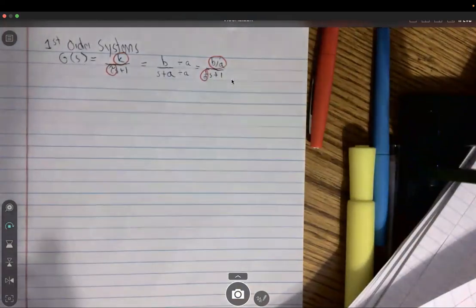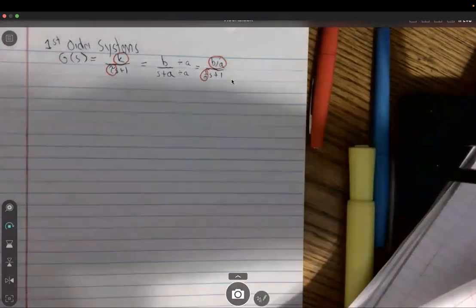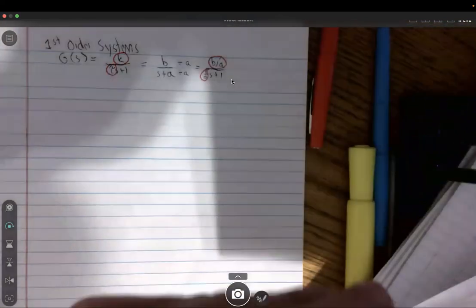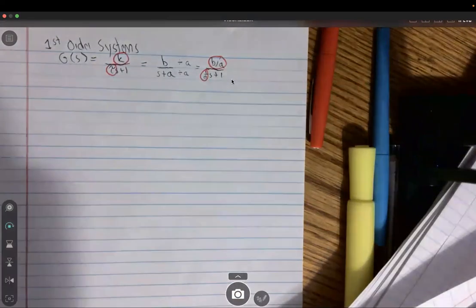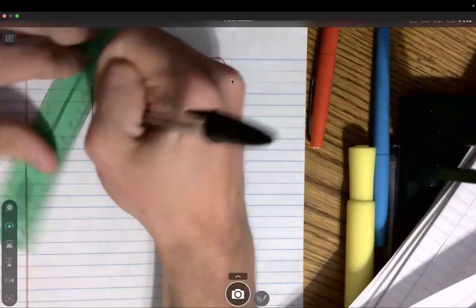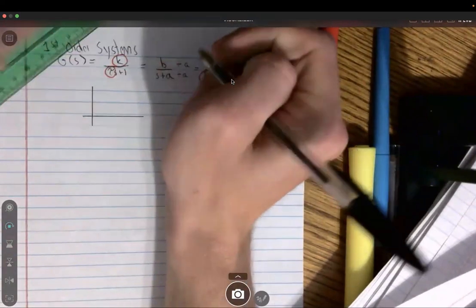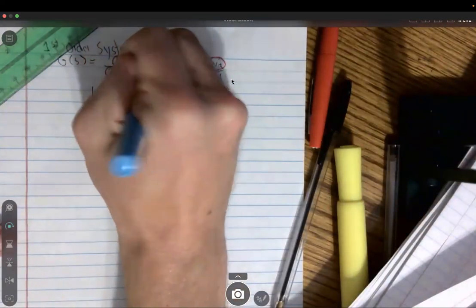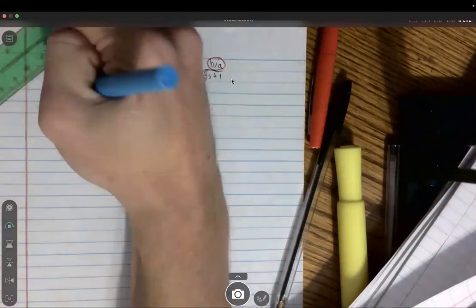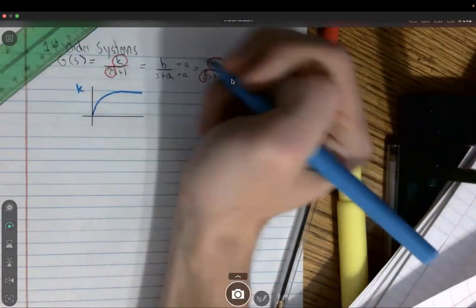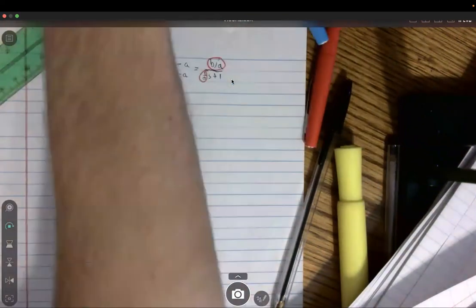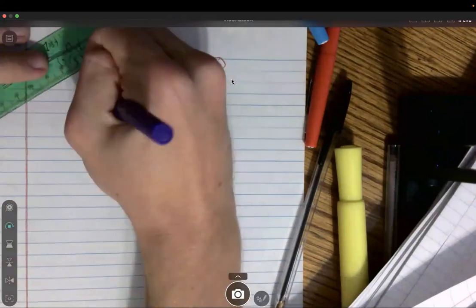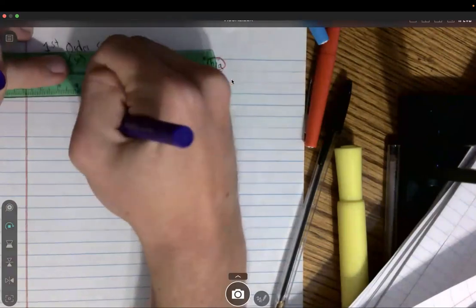For your first order systems, they're generally in the following form, where in the response graph, this is the final value here. That's your K, your final value. And the time to get to 63% is your tau value.